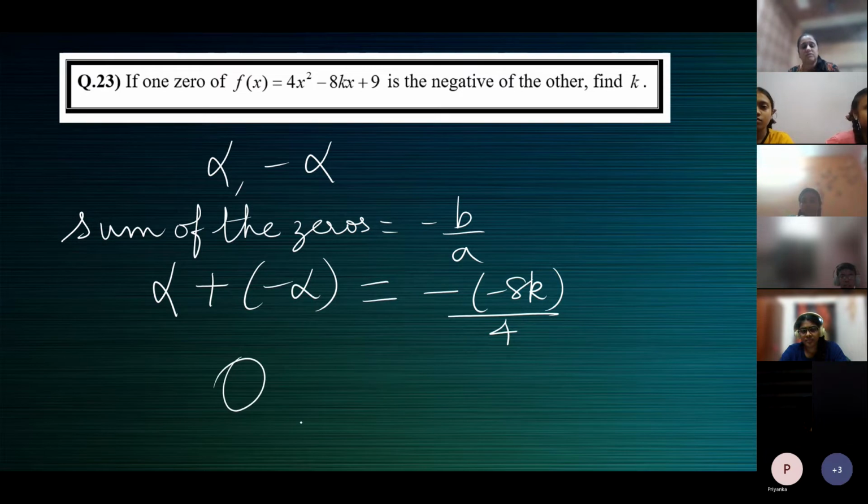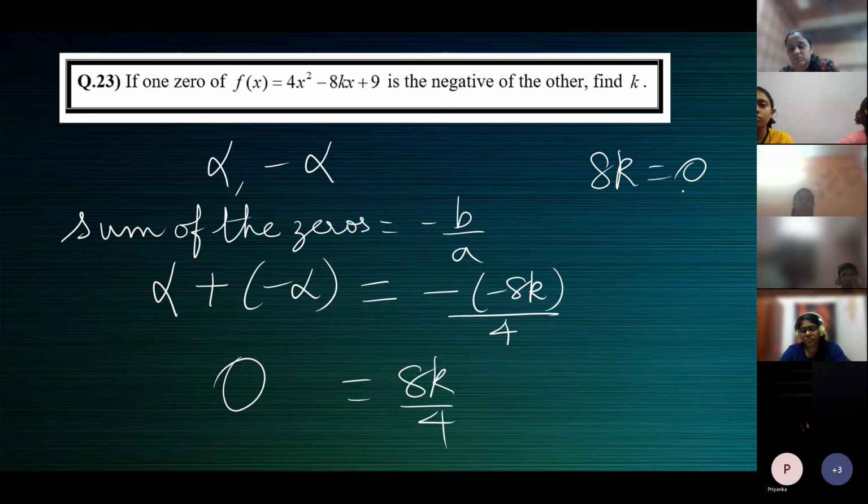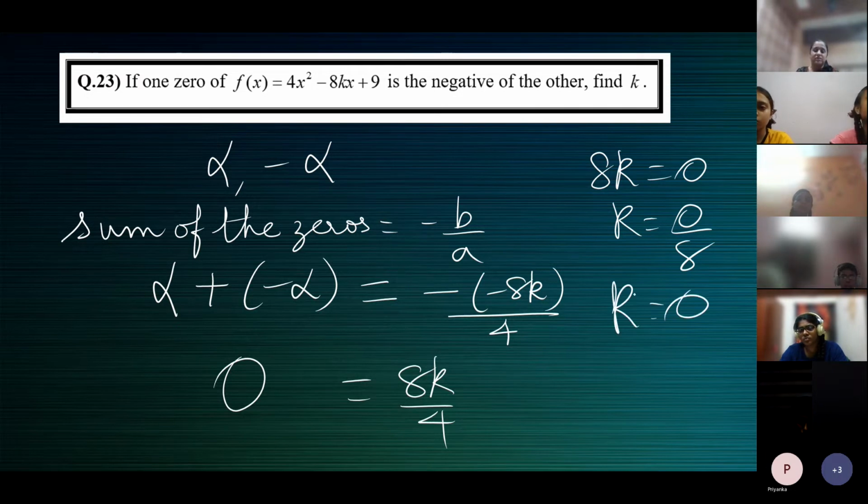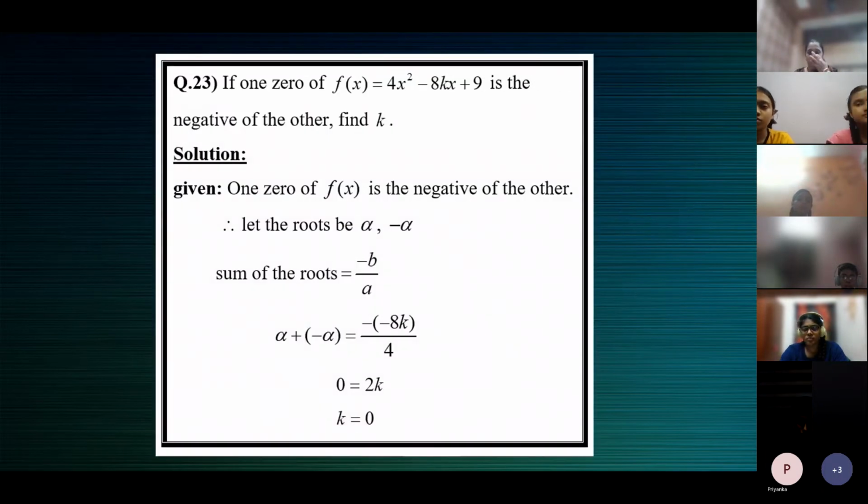So 0 is equal to 8k by 4. Cross multiply. 8k is equal to 0. k is equal to 0 by 8. k is equal to 0. So the value of k is 0.